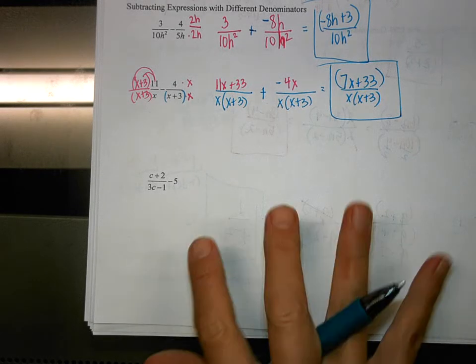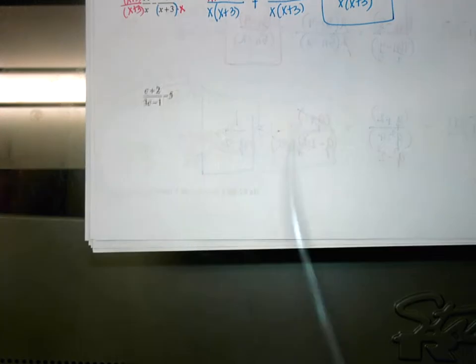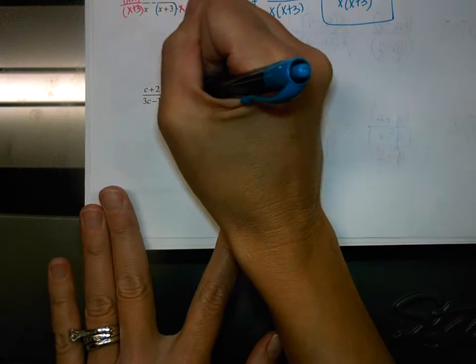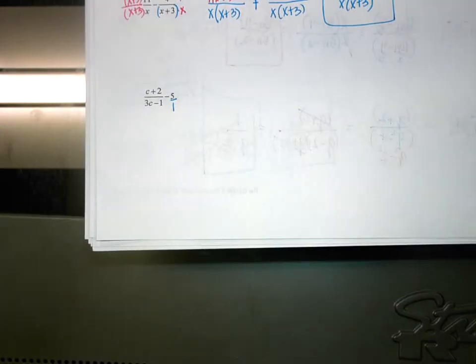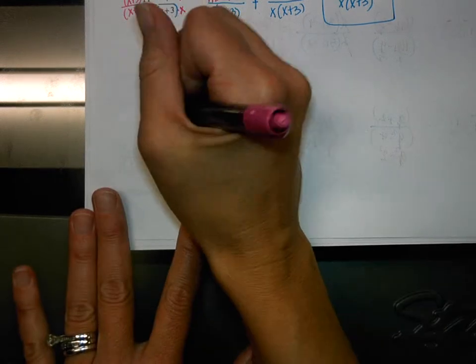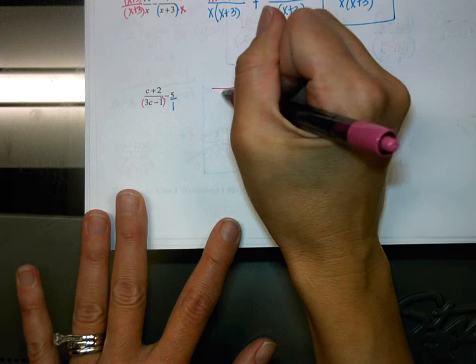Next fraction. If you have a whole number, what's the denominator? 1. So you can always put any whole number as a fraction by putting it over 1. Okay. What do you think the common denominator for this will be? 3c minus 1.